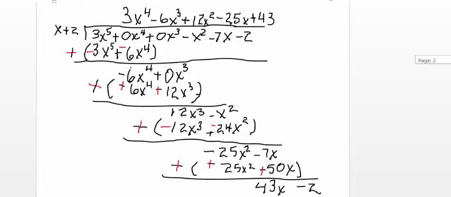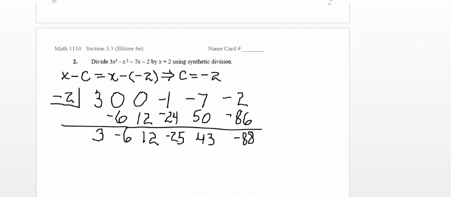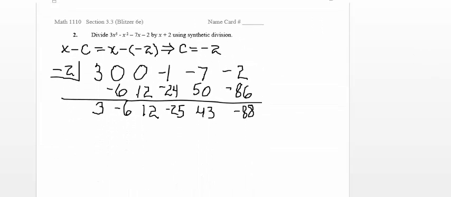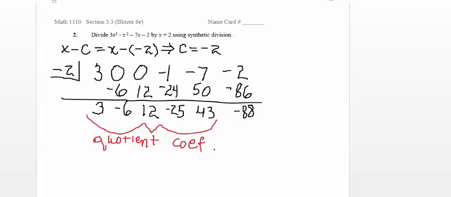So notice my quotient is the same quotient as when I did long division. So my quotient has these coefficients. The negative 88 is my remainder.